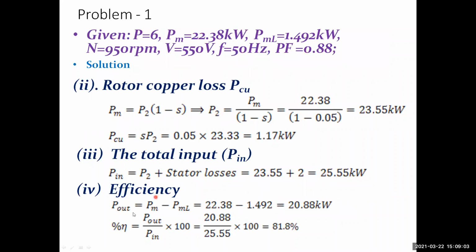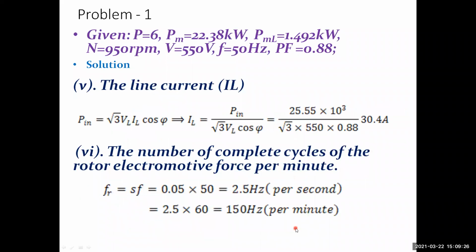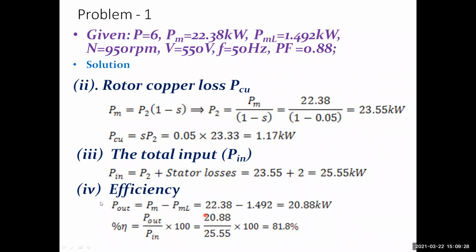Then efficiency is output power by input power. Output power is equal to PM minus the mechanical losses, friction and windage losses. Output power is nothing but mechanical power minus mechanical loss, that is 20.88 kilowatts. Then efficiency is output by input, 20.88 by 25.35, which is about 81.8%. That is the efficiency.